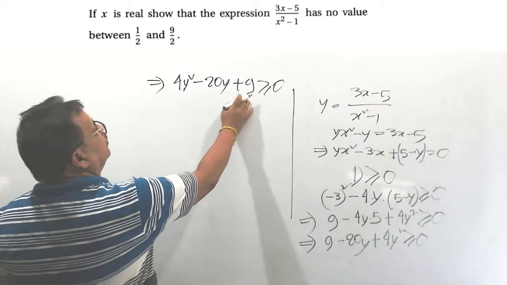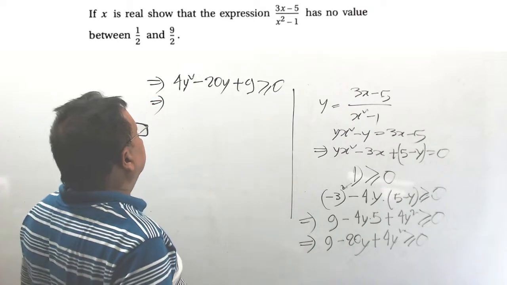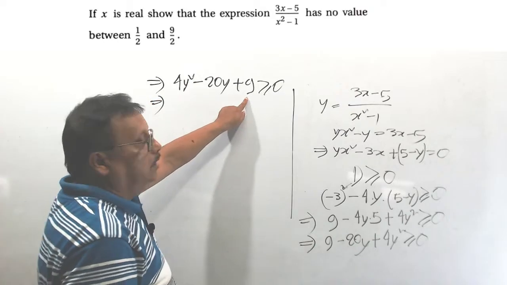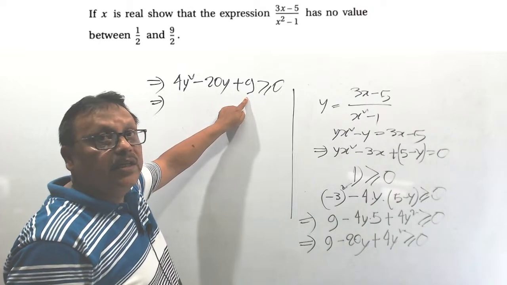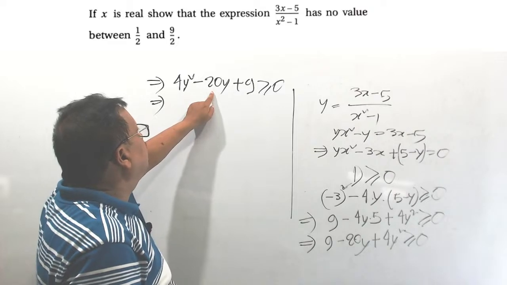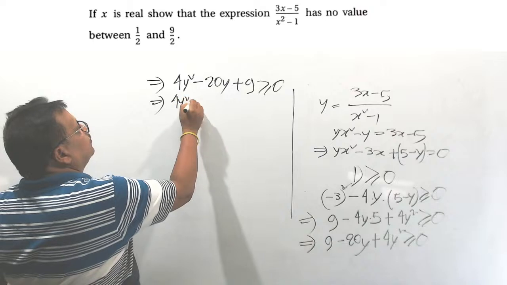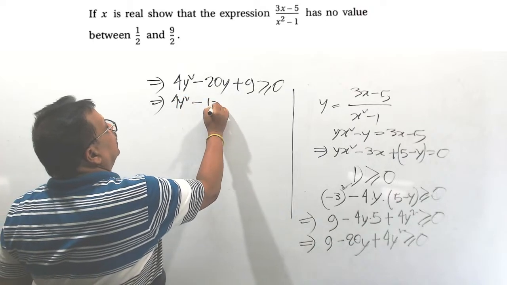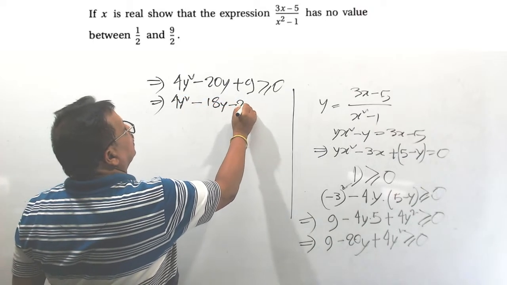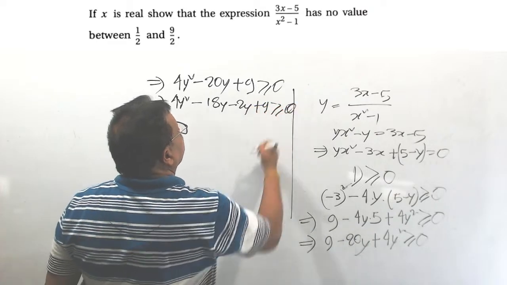Now, middle term method. 4 nines are what? 36. You have to bring 20: 18 2s are 36. So 4y square minus 18y minus 2y plus 9 greater than or equal to 0.